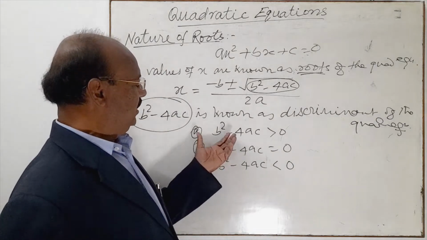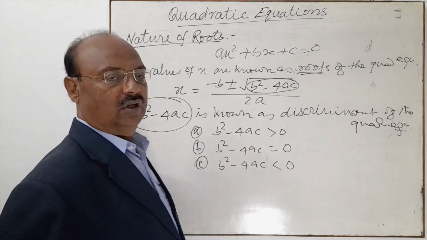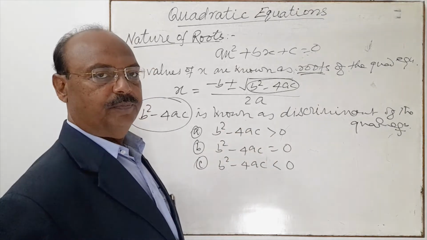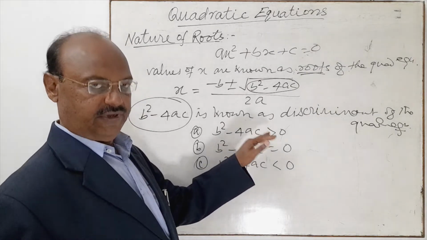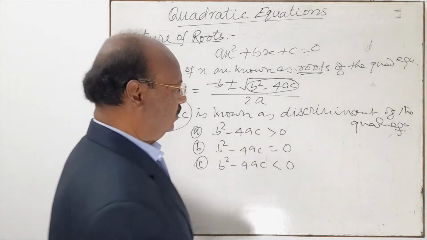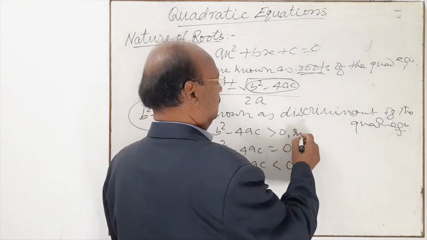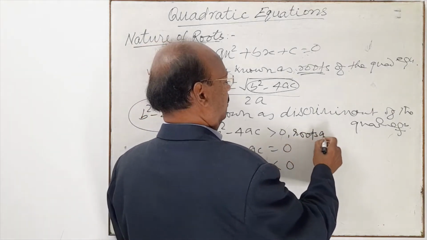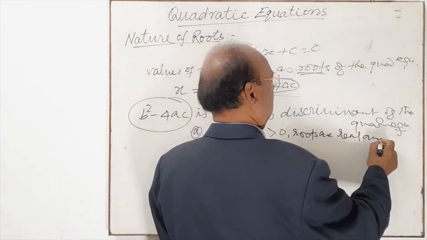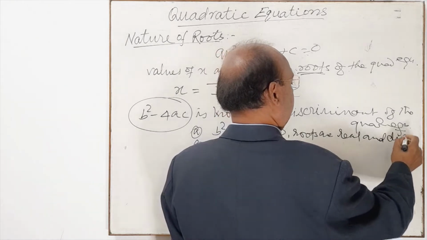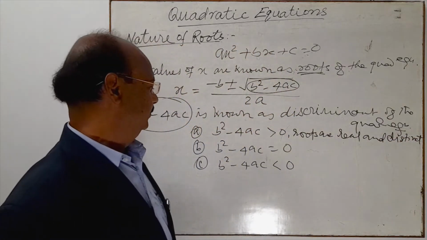So when we get b square minus 4ac greater than 0, then roots will be real and distinct, different, or unequal you can say. Distinct means unequal.